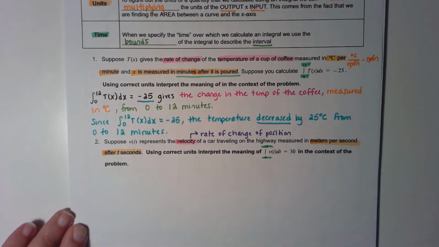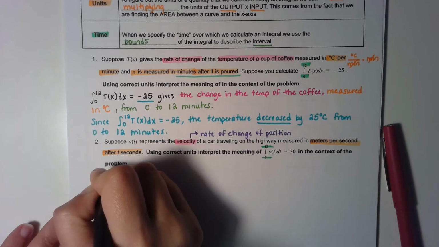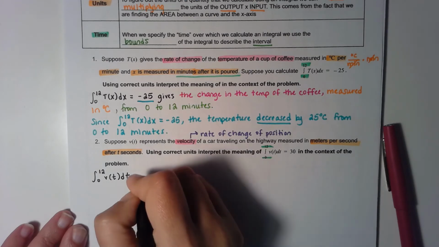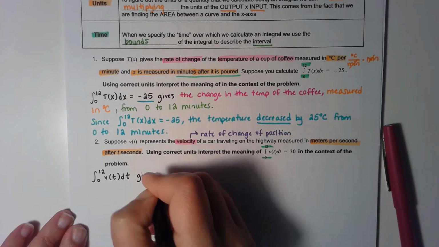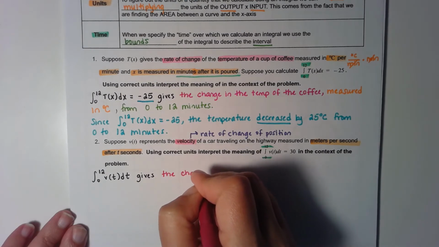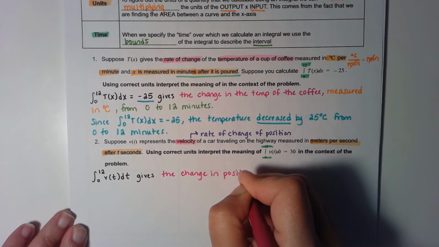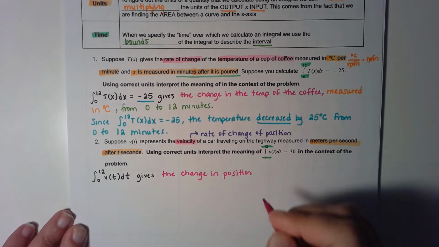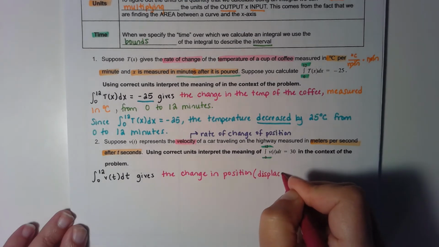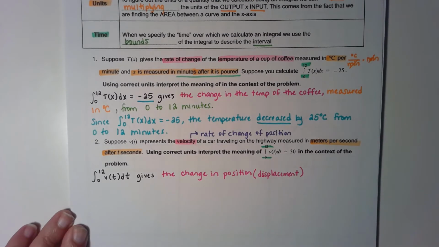So we would say that the integral from 0 to 12 of v of t dt gives the change in position. And for those of you who have maybe had some experience with physics, you'll know that we often call that the displacement of the car.